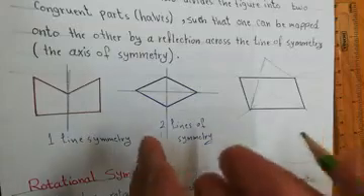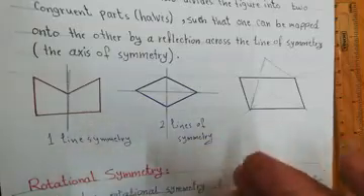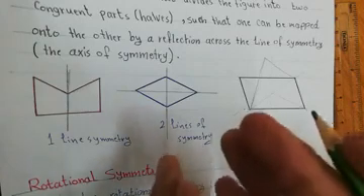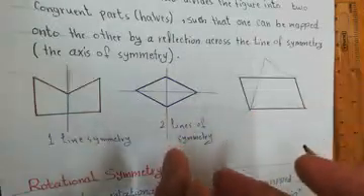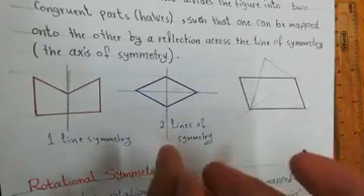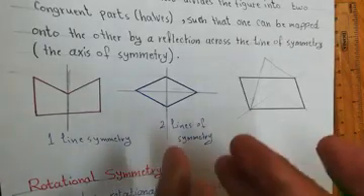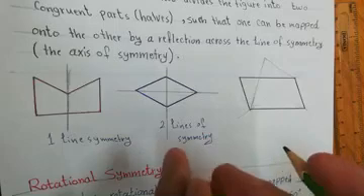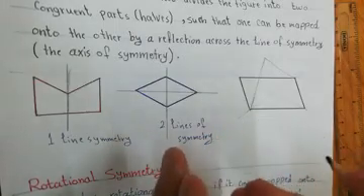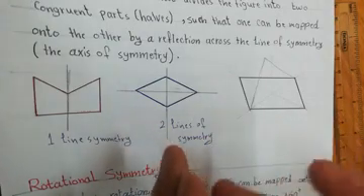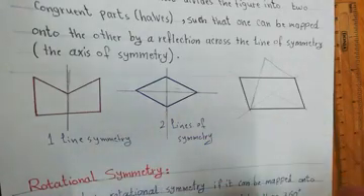For the square there are 4 lines of symmetry: the 2 diagonals, and the 2 perpendicular lines, which are the bisectors of the sides.